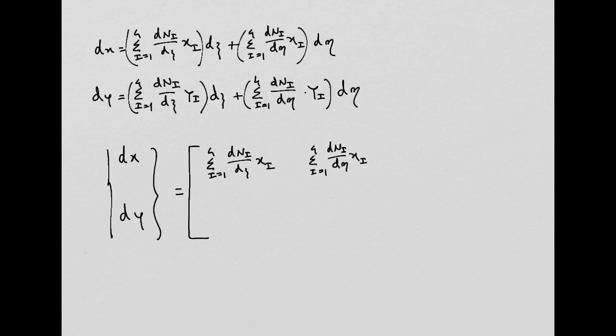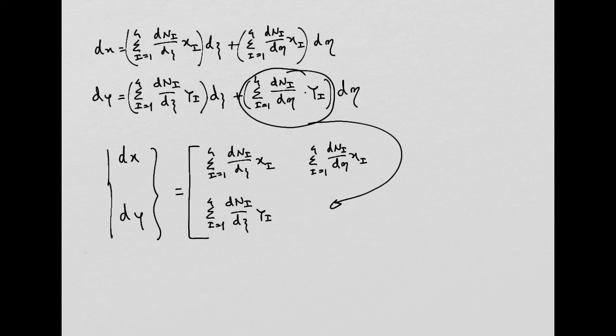Okay. Now this is going to be on the second row, first column. Again, copy paste. And this last one is going to be on second row, second column.